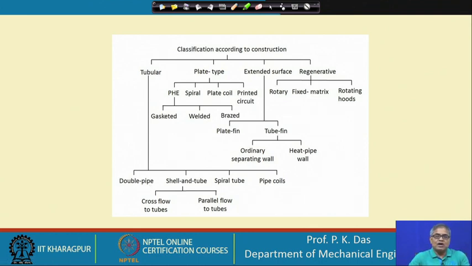So, either it is called double pipe heat exchanger or tube in tube heat exchanger. So, there is a central tube and there is another tube surrounding it. So, we have a double pipe heat exchanger.